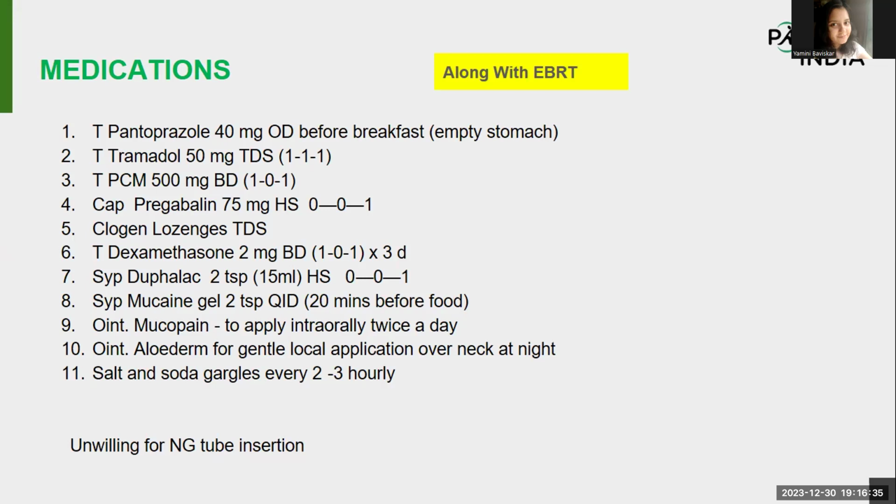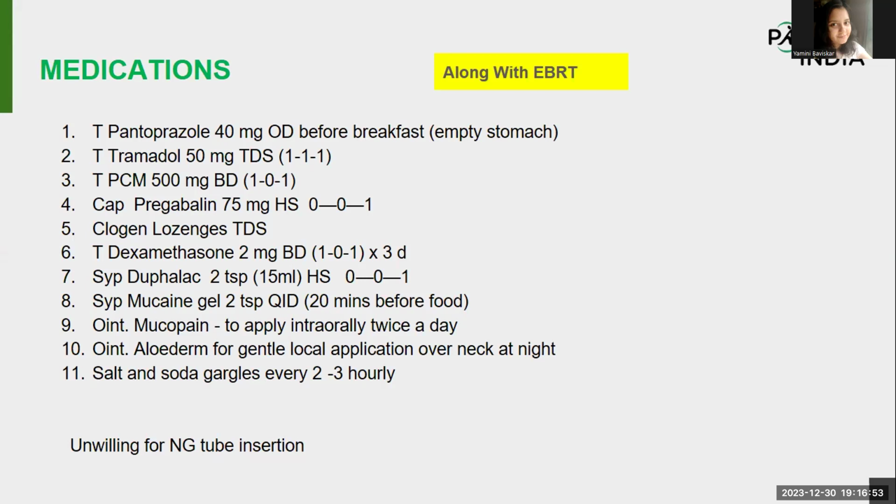She's on syrup Dufalac also 15 ml STS and syrup Nucane gel for 20 minutes before food to help her with swallowing. She also has intraoral application of mucopain and alloderm application for skin for application at night.